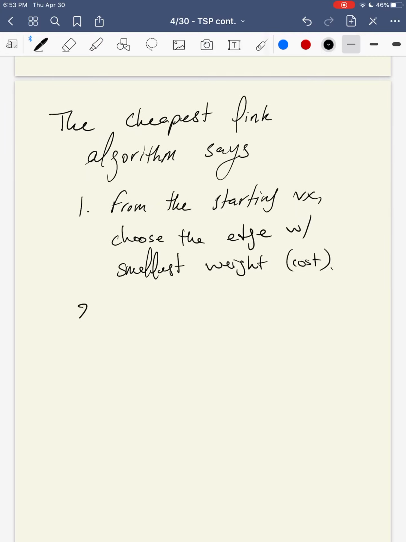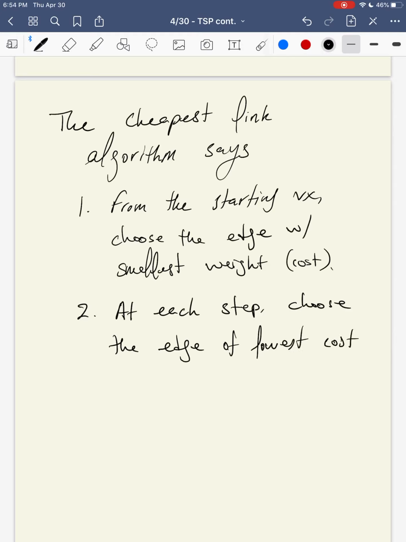Okay, and at each step, choose the edge of lowest cost as long as neither rule above is violated.